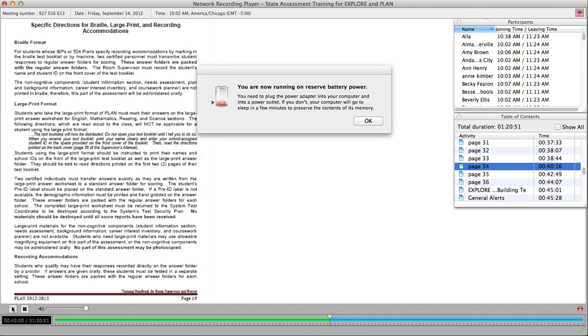And the label for the student who's using a large print or Braille format test will go on the standard answer folder that will be returned to ACT for scoring.